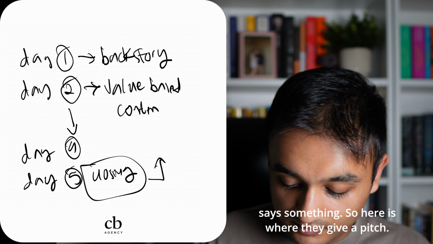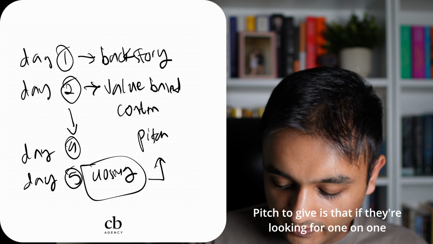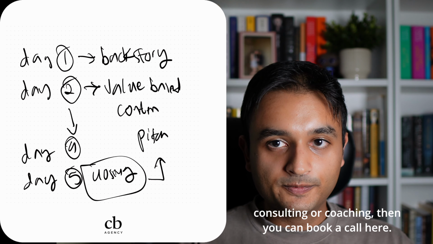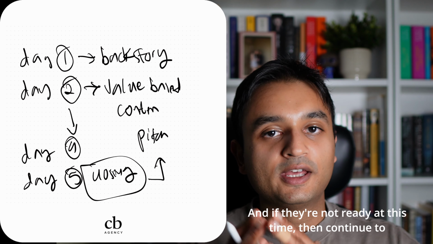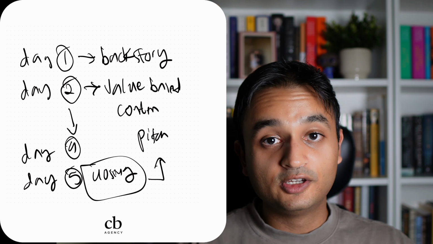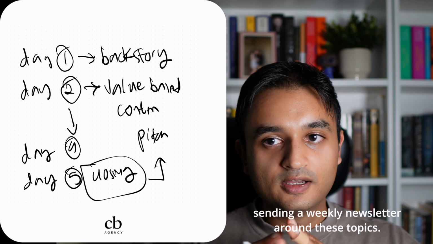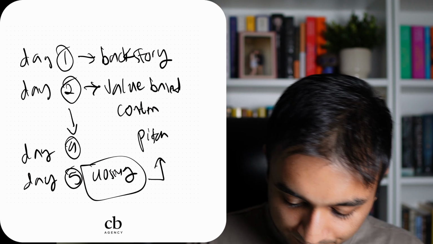So here is where they give a pitch. The pitch they give is that if they're looking for one-on-one consulting or coaching, then you can book a call here. And if they're not ready at this time, then continue to keep an eye out on their emails, because they're going to be sending a weekly newsletter around these topics.